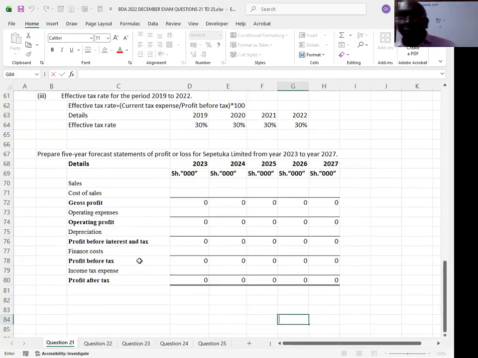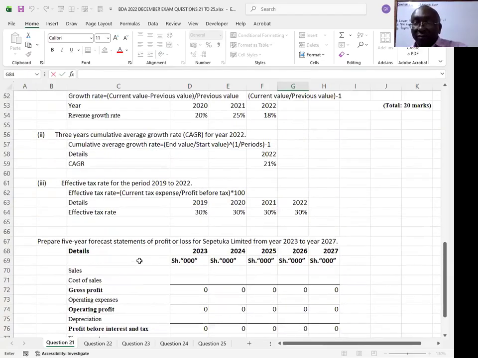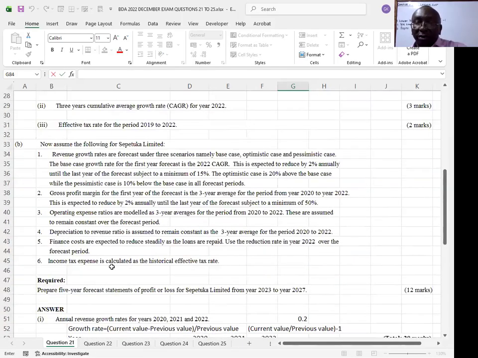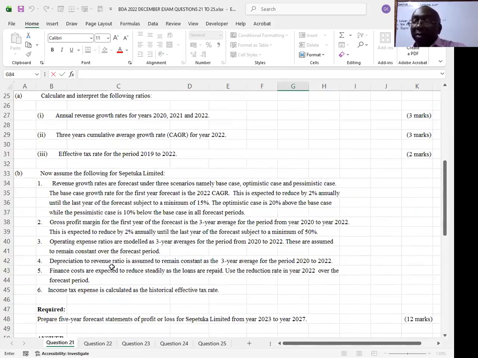So we are now going to pay attention to the additional information so that we can start guided on what to do. Now, point number 1 says, revenue growth rates are forecast under 3 scenarios, namely base case, optimistic case, and pessimistic case.